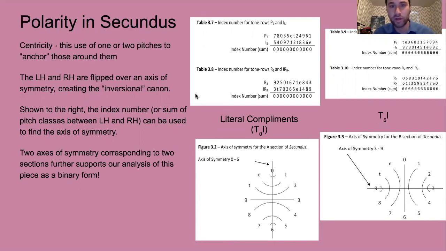So to the right here of my text, I've put some stuff from the reading showing how they found the axis of symmetry. They did it by finding the index number, or the sum of pitch classes between the left hand and the right hand. So in the first half of the piece, the sum of those is 0. And wouldn't you know, the index of symmetry goes right through 0.